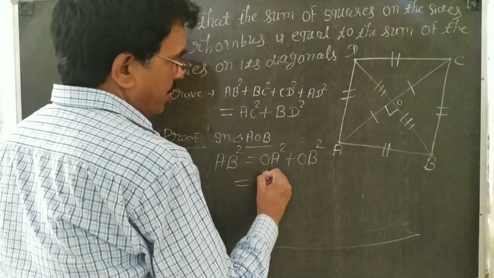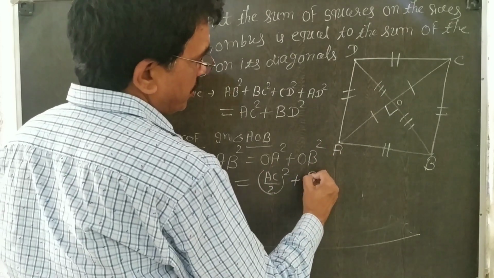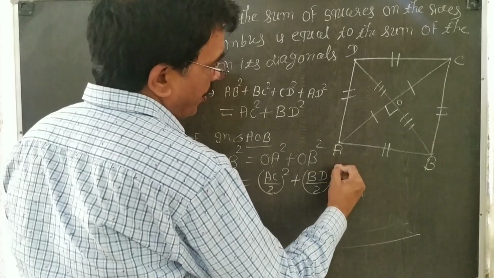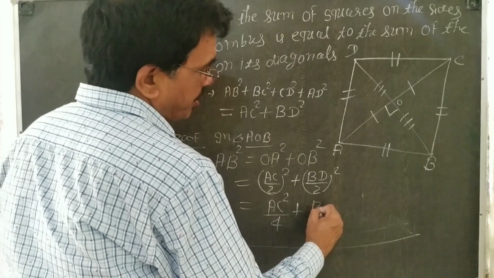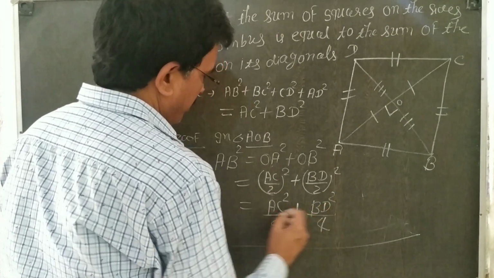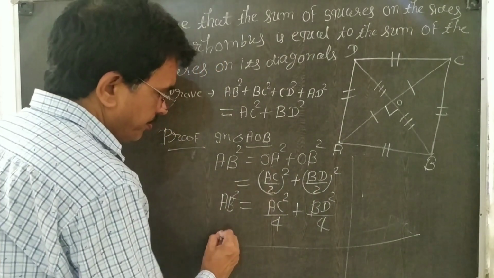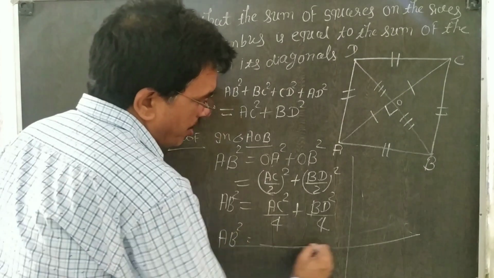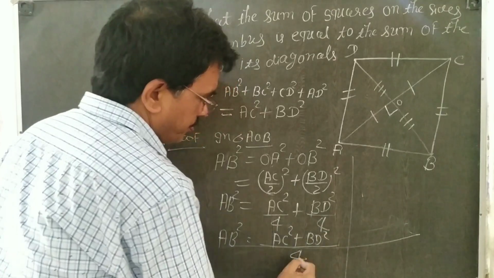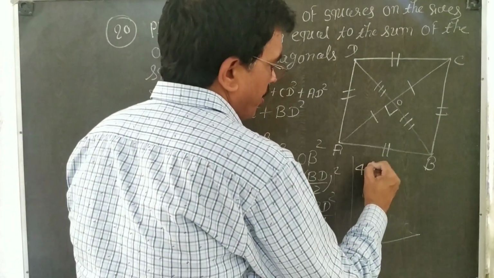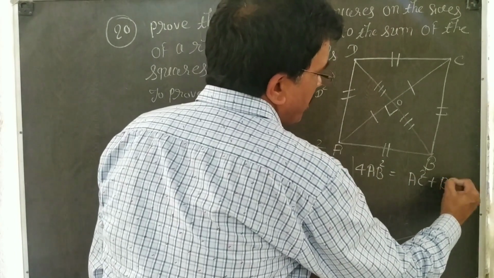OA means AC by 2 whole square, OB means BD by 2 whole square. Then AB square is equal to AC square by 4 plus BD square by 4. Take LCM, then AB square is equal to AC square plus BD square over 4. Cross multiplication: you get 4AB square is equal to AC square plus BD square.